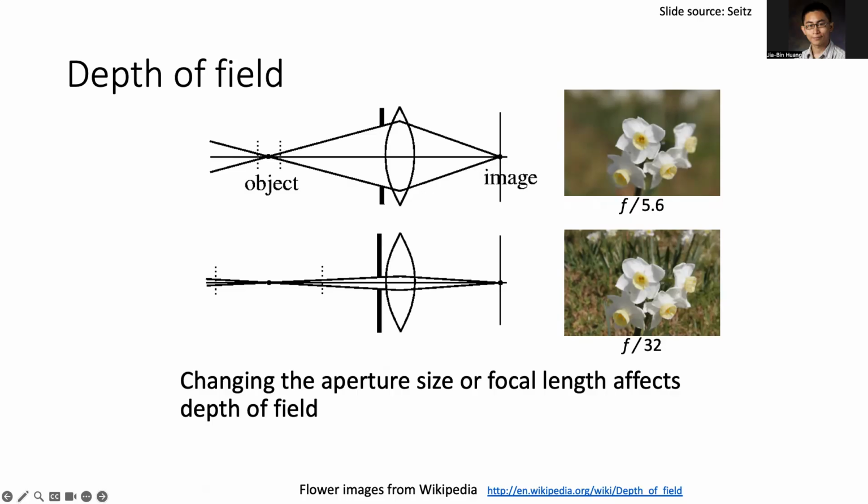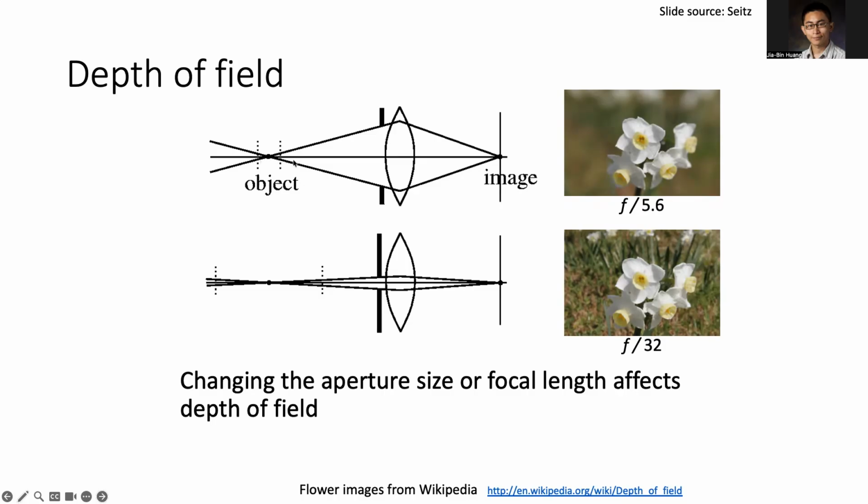This gives rise to the concept of depth of field, right? Because the lens can only focus on content that's at specific locations. This is basically where the object is in focus, and anything after that will be out of focus.